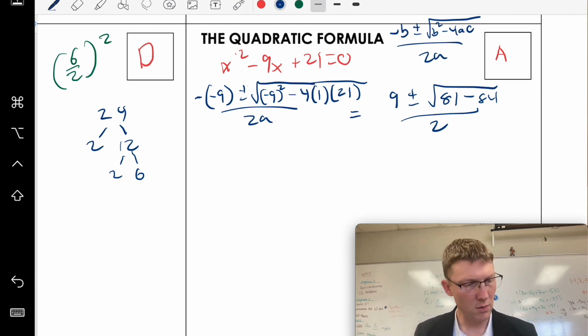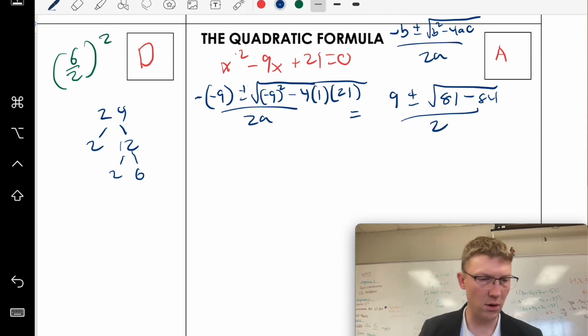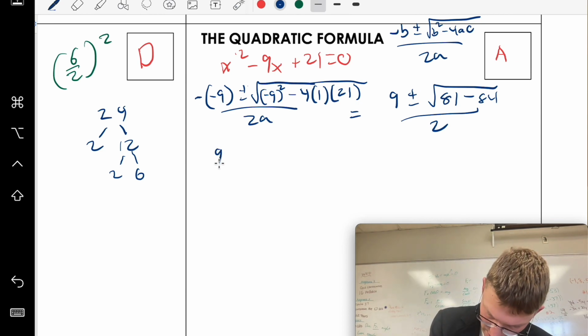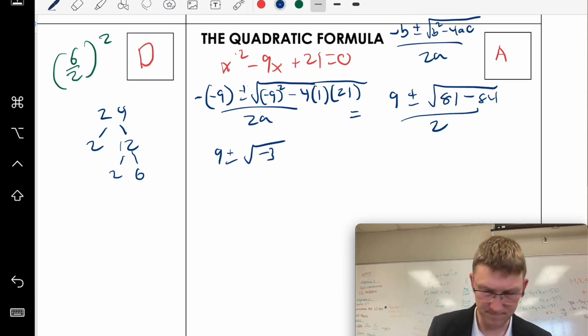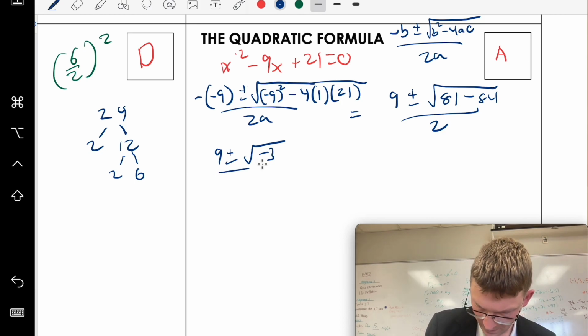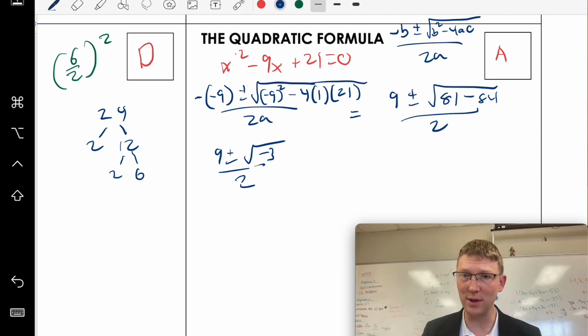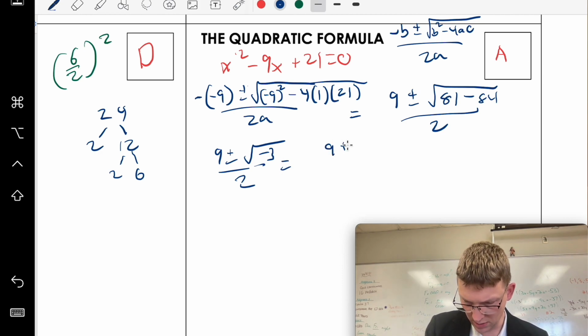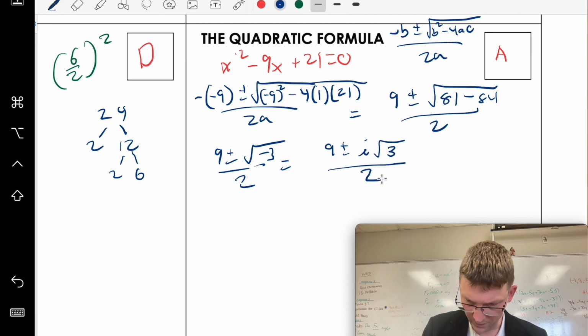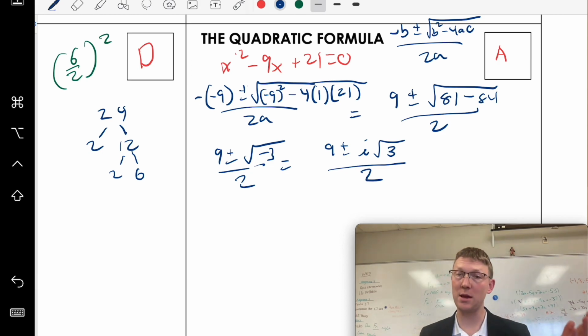So now we got 81 minus 84. I don't know why I just plugged it in the calculator. I knew that one off the top of my head. Square root of negative 3 all over 2. Now we can't leave it like that. We do have to turn it into its imaginary number. But once we get there, that's our answer.